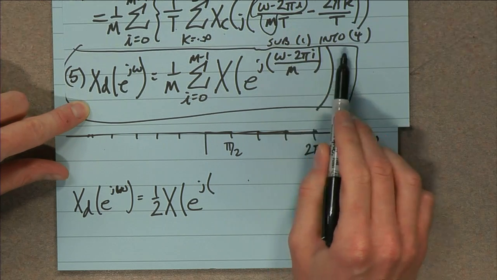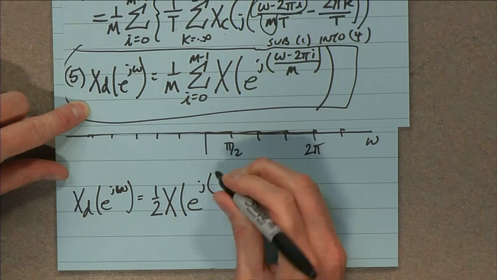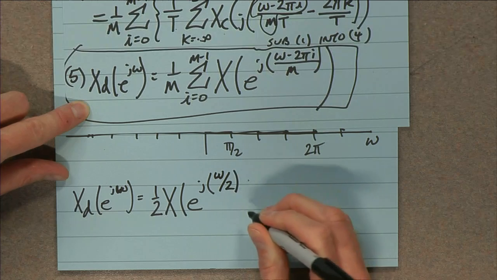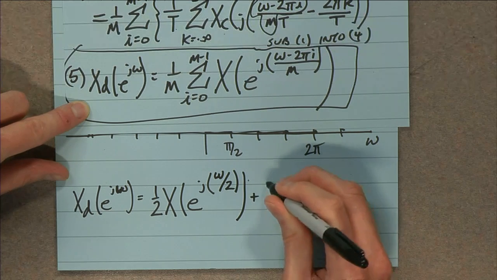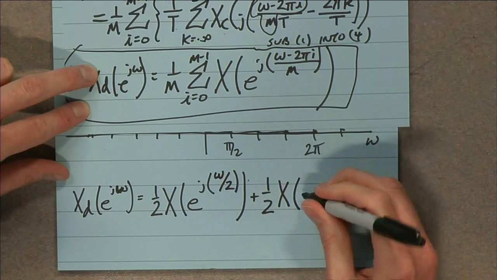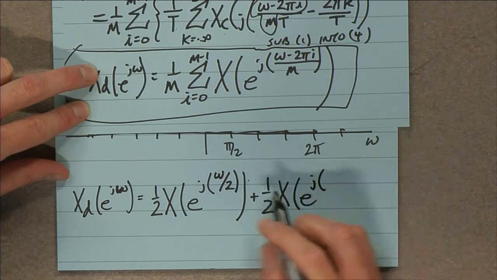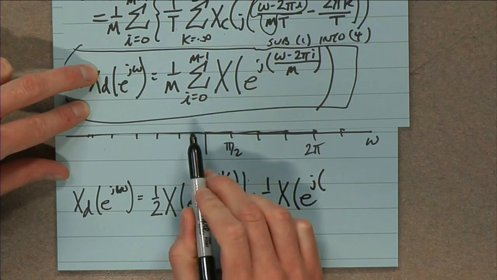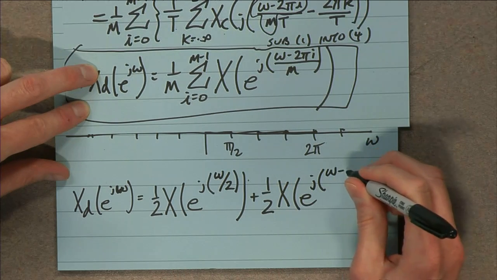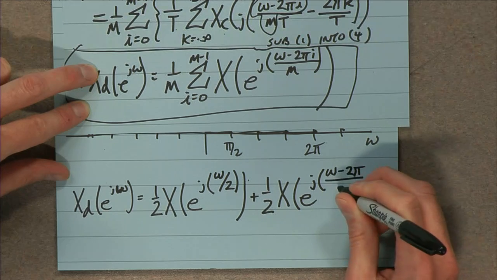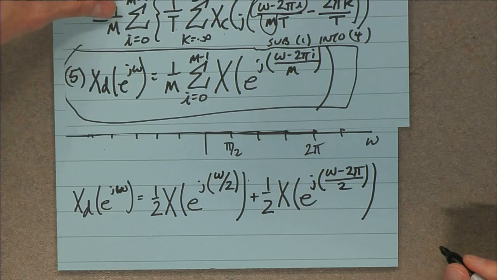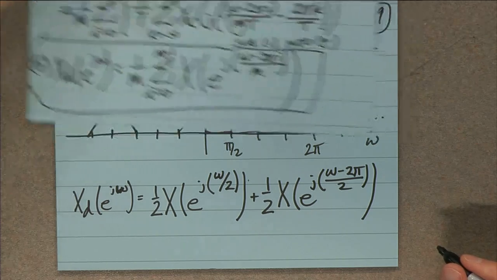Well, that's great. That's just going to go away. So I got omega over m, but m is 2. Plus 1/2 x e to the j, i equals 1. M minus 1 is 1. So that's going to be what? Omega minus 2 pi all over 2. So applying our formula we derived, there it is.